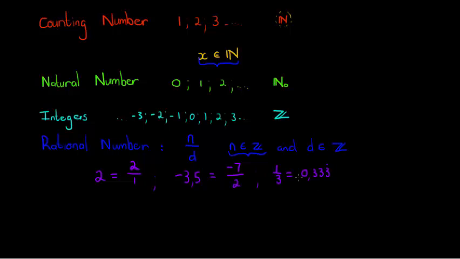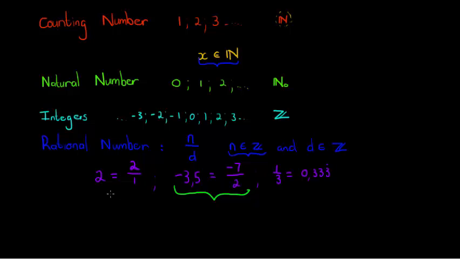So the number 0.333333333 to infinity is 1 divided by 3. Again, we've got an integer divided by an integer. That is again a rational number.